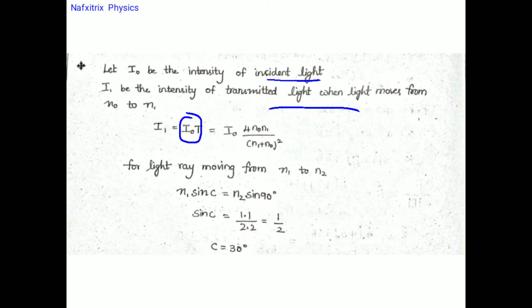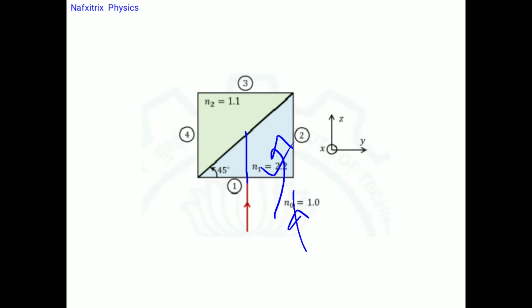The transmission coefficient gives us the fraction of light that is transmitted, that is, out of the total light, how much fraction is transmitted. For the transmission coefficient, the formula is 4 n0 n1 over (n1 plus n0) whole square. Here there are two mediums, n0 and n1 first of all. The light is coming from medium n0 to medium n1.